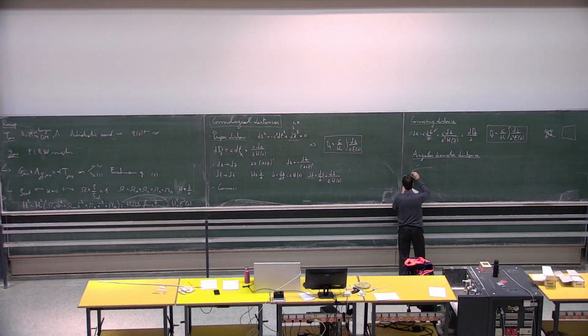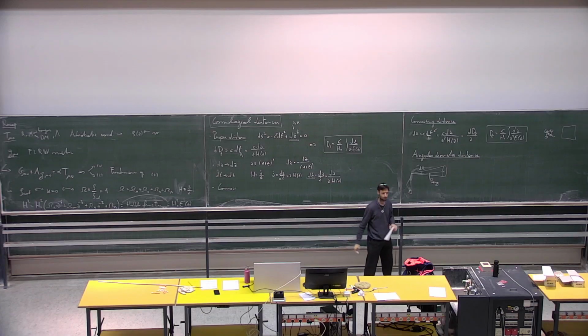Just repeat the drawing here. So we have a certain area, we have a certain angle, and the distance is called the angular one. Good.